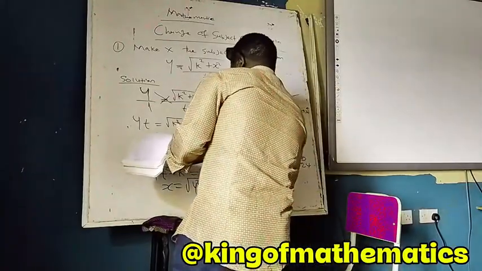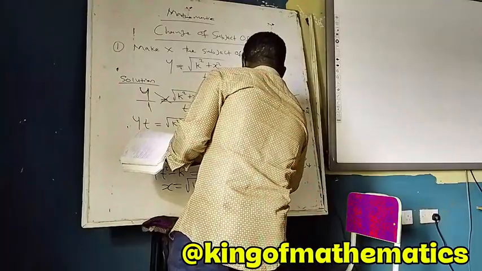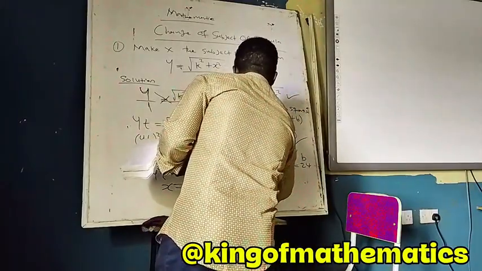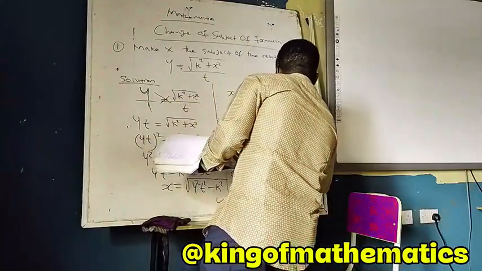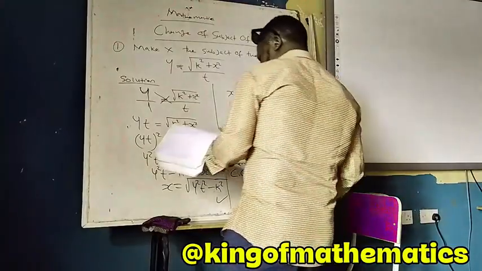In brackets, correct your answer to 2 dp. Close brackets.